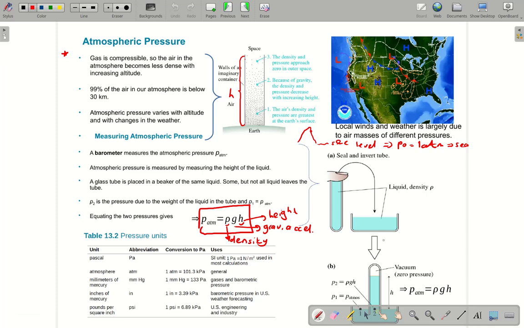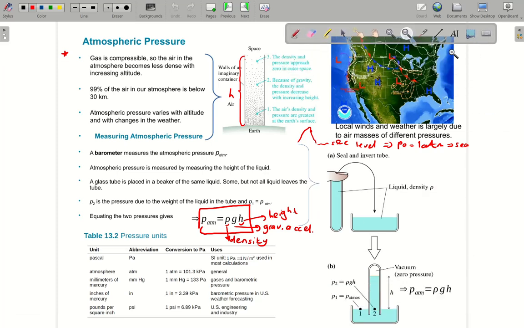We use barometers to measure the atmospheric pressure, and for that what we do is we take a container and put some liquid in it, and we put it inside another larger container upside down like you see in here, and we let the fluid flow out because we know there is air pressure out here.